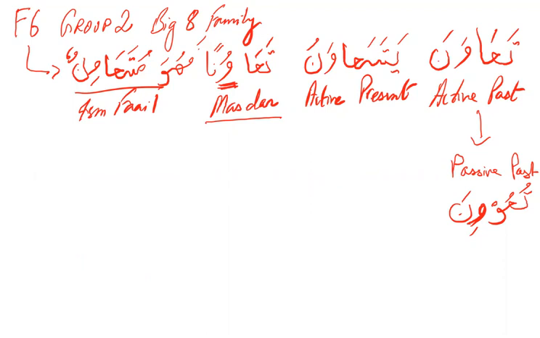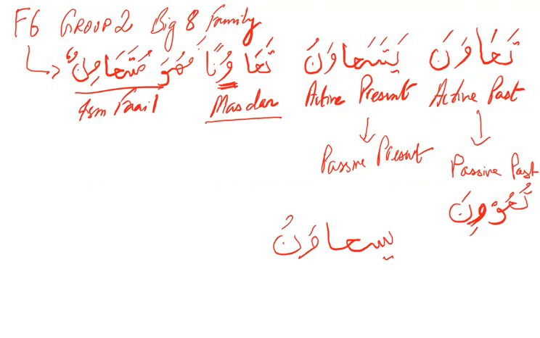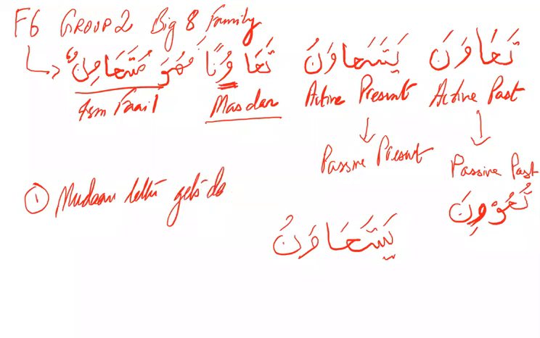Now we go to the present active and passive present. So we will make passive present from the active present. Yatà'awanu. What is the passive present combination? Yes. So in the present tense, the mudare letter gets dhamma, right?